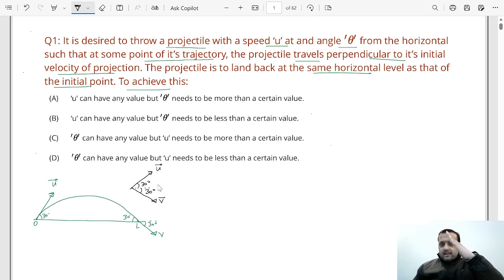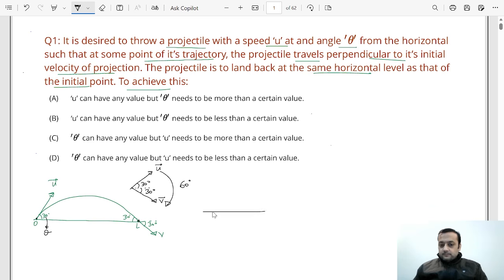So the velocity has turned through an angle of 60 degrees. What do you observe? If I compare the initial and final point, the velocity vector rotates by 2 theta. If this angle was theta, then the rotation that the velocity vector makes is 2 theta.